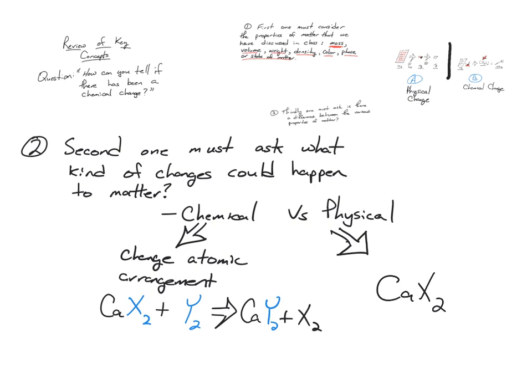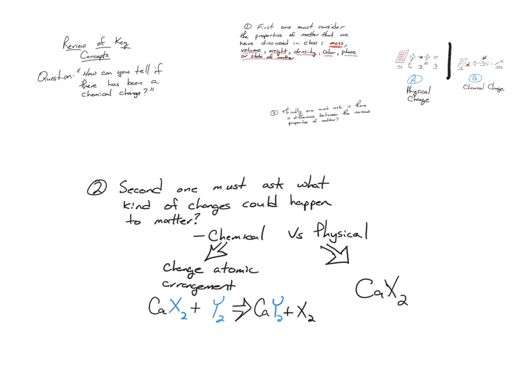So if you change the amount or the shape, but not how you arrange the atoms, not the substance itself, not the fundamental nature of it, we call it a physical change. It's the very basic way of looking at the difference between chemical and physical change.